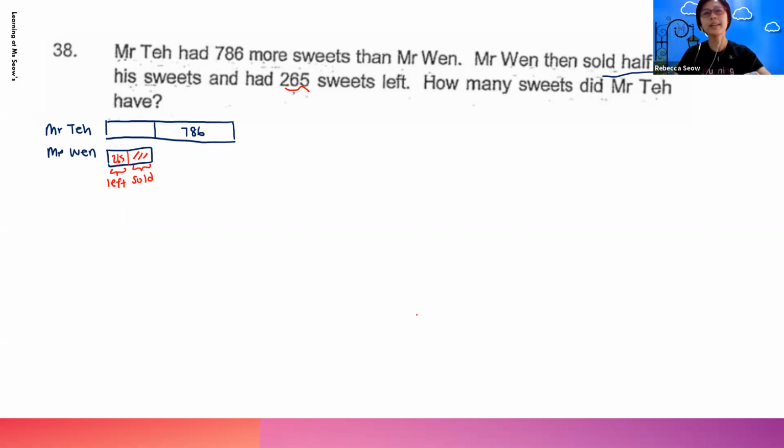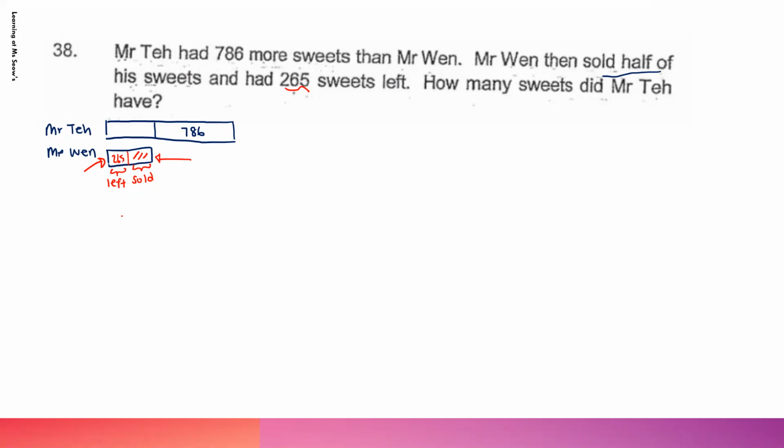Anyone would like to try? Is 1 unit 265? You mean the one over here? 265? Yes. What do you say about this unit here? Do you think it's the same unit? Yes, you're right.